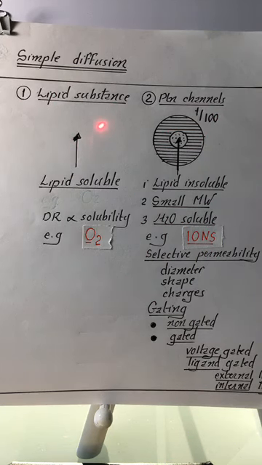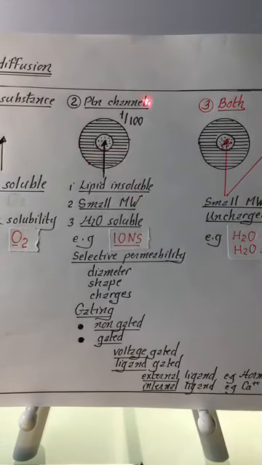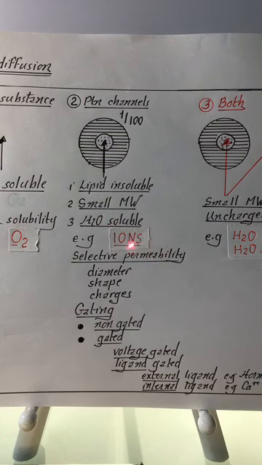So the best chance is given to the molecules using the lipid substance, the molecules which are lipid soluble, and the best example is oxygen. Less chance for molecules which are lipid insoluble. They have to use the protein channels. They have to be small molecular weight because the channel is small, and they have to be water soluble because the channel is filled with water. And the best example here are ions.